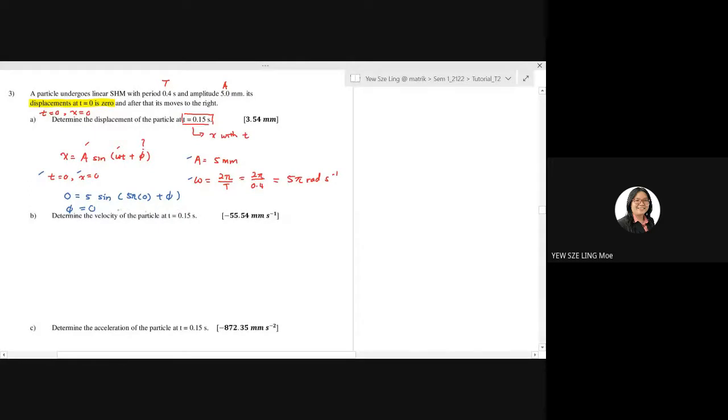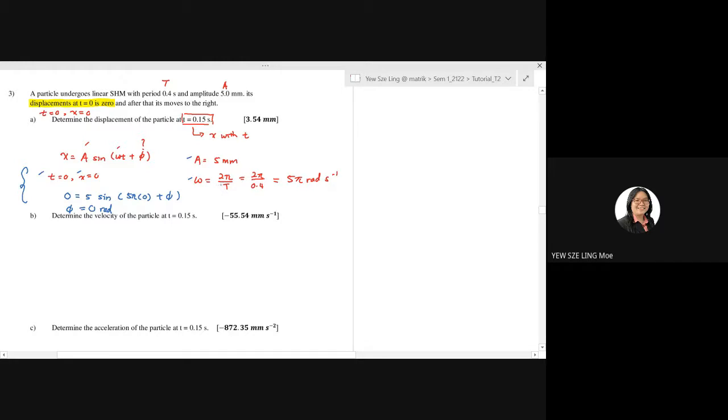Which means in this question, the simple harmonic motion starts from the equilibrium position, because the initial phase angle is 0 radian. The reason why I show you this step is because sometimes the object won't start from 0, and it also does not start from the amplitude.